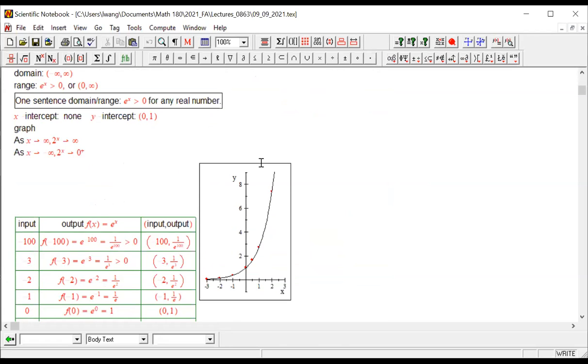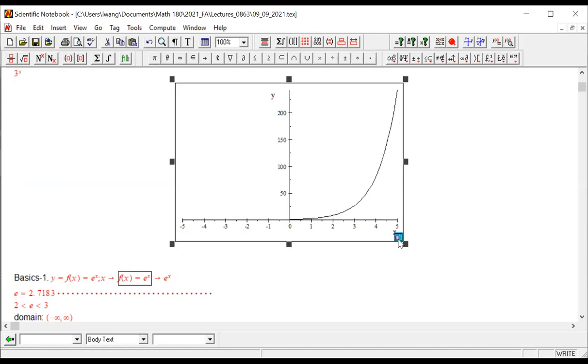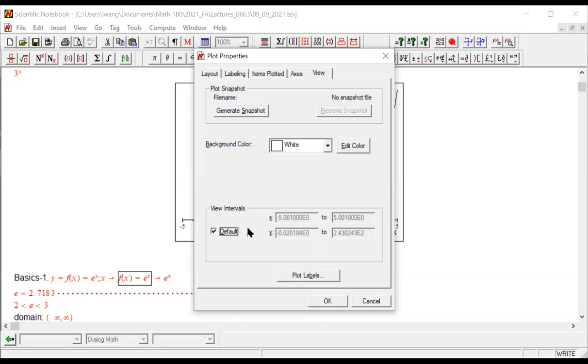So I'm going to put the curve here. Okay, so 3 to the power x, I'm going to put that curve here, and just make that adjustment. I want you guys to reflect on these features.